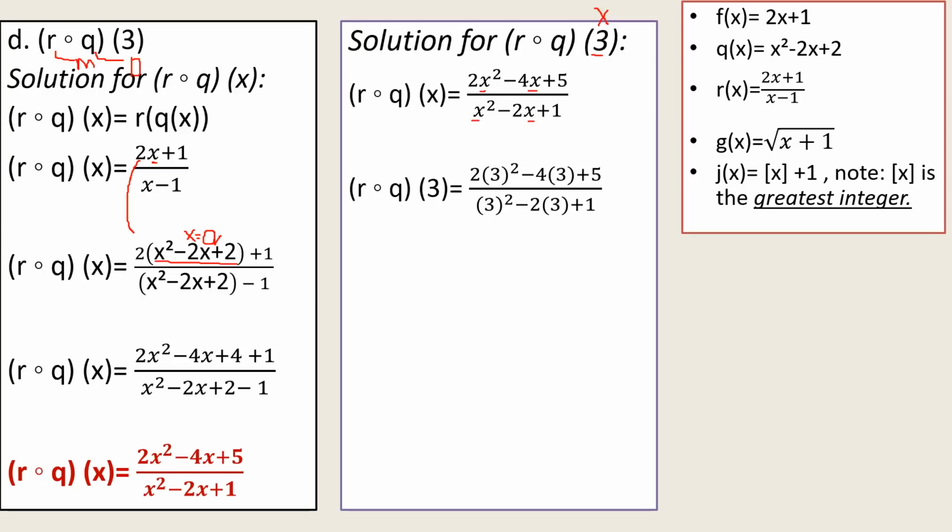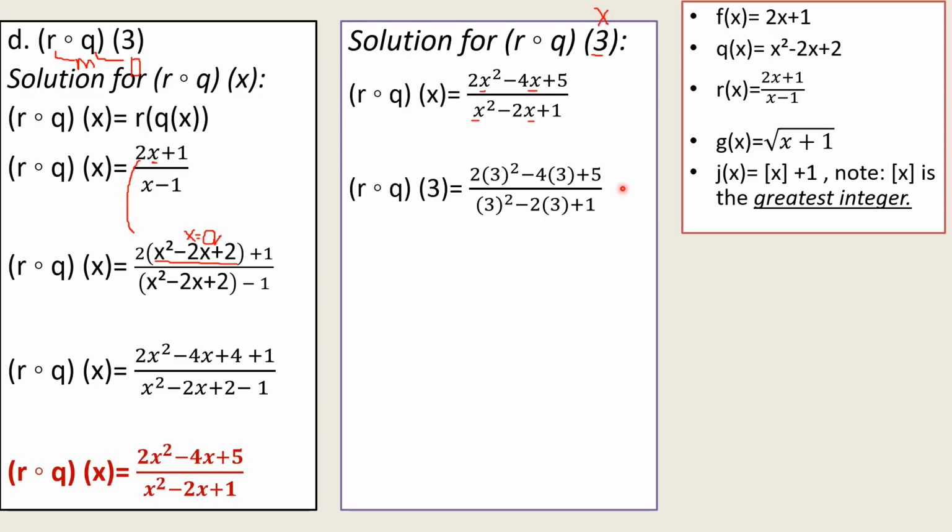Okay? So, this would be what? 2 times what? X here becomes 3, then squared, minus 4 times 3. Okay? Plus 5.